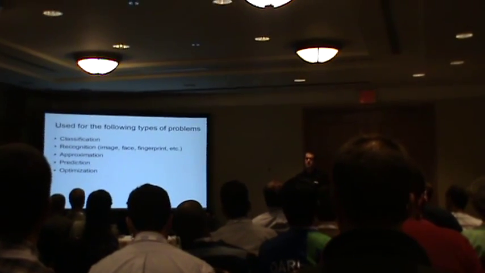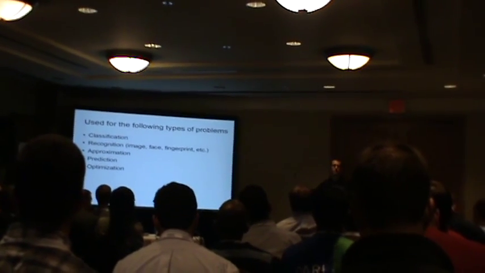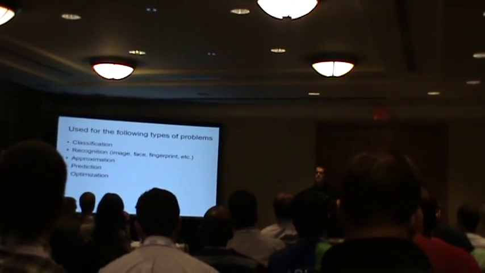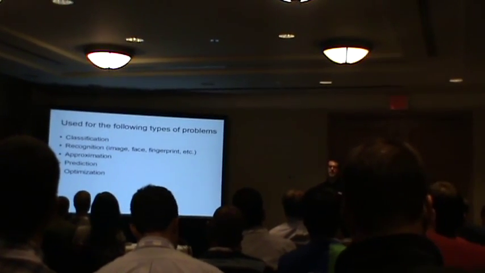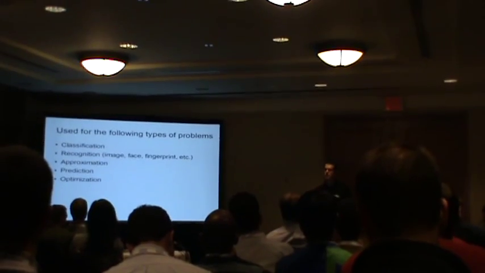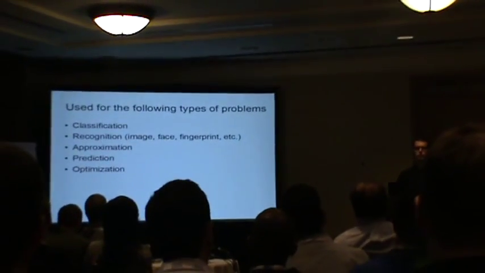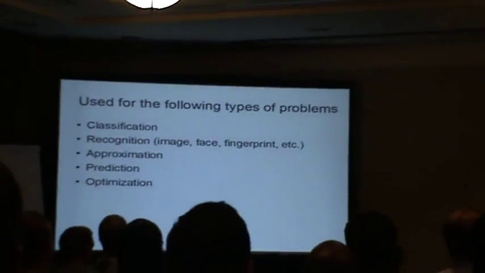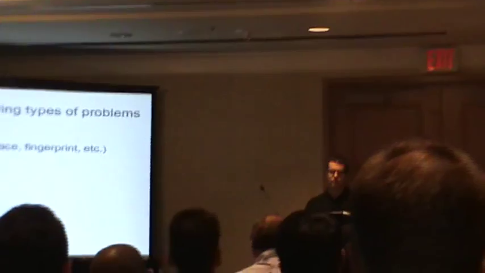If we have some amount of data about some system that we don't know how it works, but we have data that describes its behavior, which can be represented as input-output pairs, we can use that data to train the network and to get the approximation of the system behavior, even if we don't know anything about it. Also, one typical application is prediction. Very popular is time series prediction, which can be used for stock market prediction, weather prediction, network traffic prediction, application load prediction, and all sorts of things.